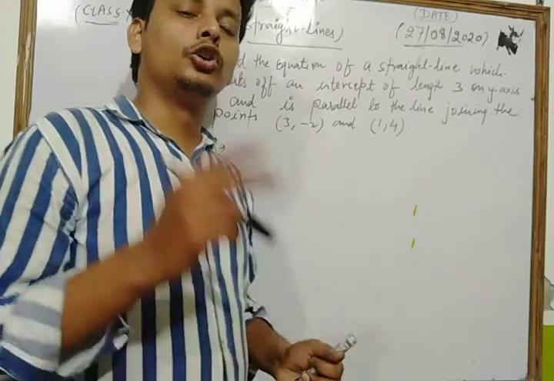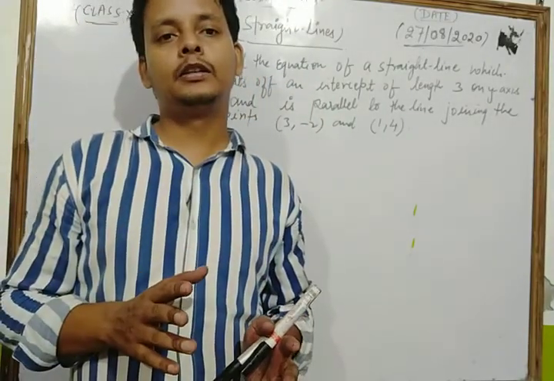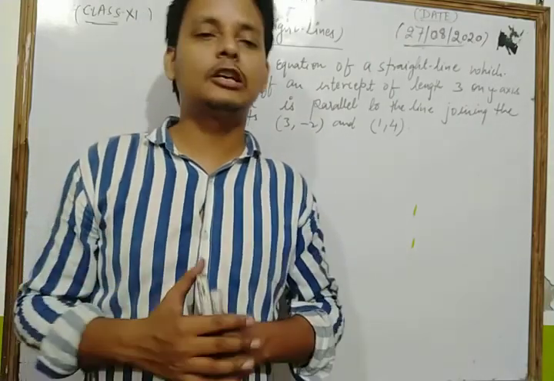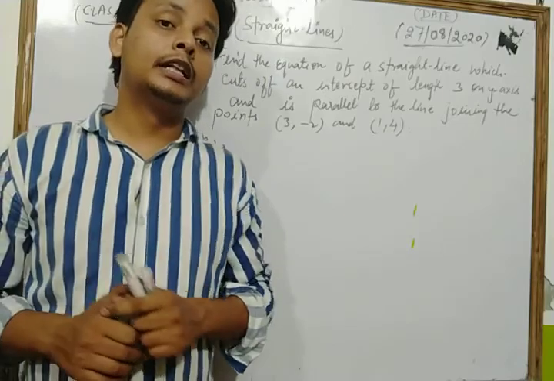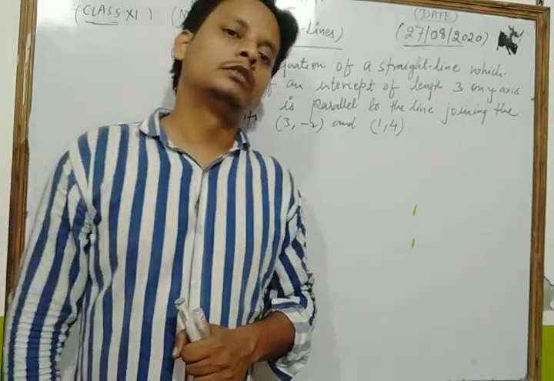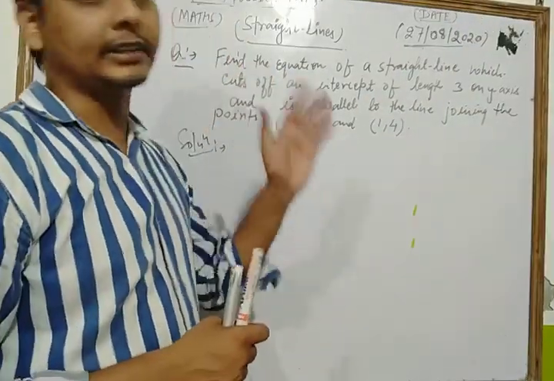Dear students, you know that in previous classes we discussed that two lines are parallel to each other if and only if their slopes are the same. So here we apply that condition.